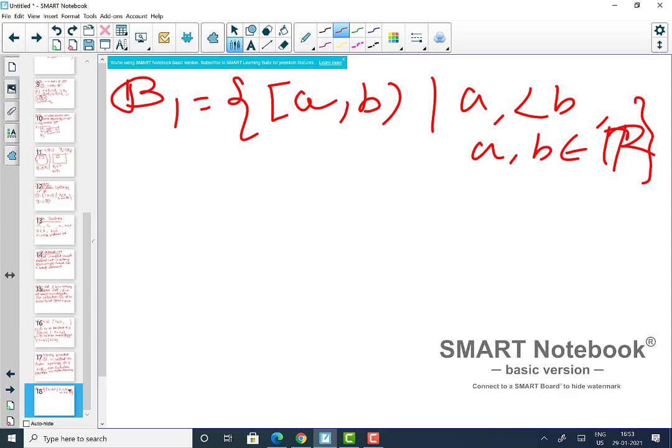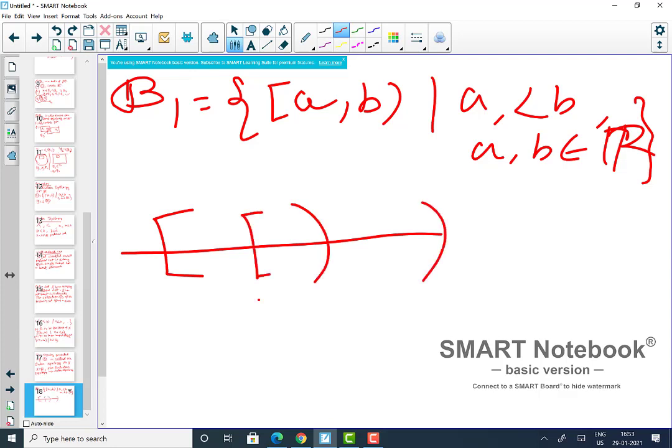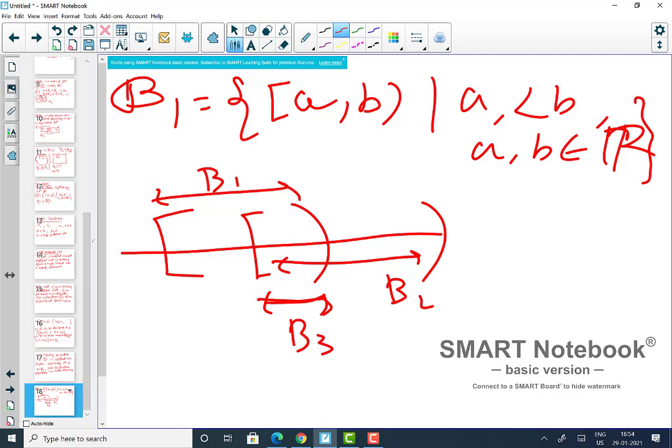It is obvious, because these collections cover R, and whenever you have two such elements, say this is your first element B1 and this is the second element B2, then if some point sits inside the intersection, there is a B3 of the same form sitting inside it.